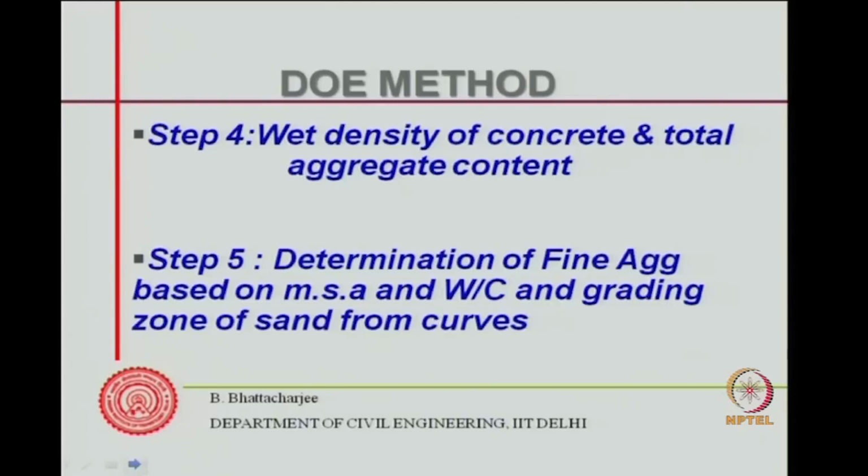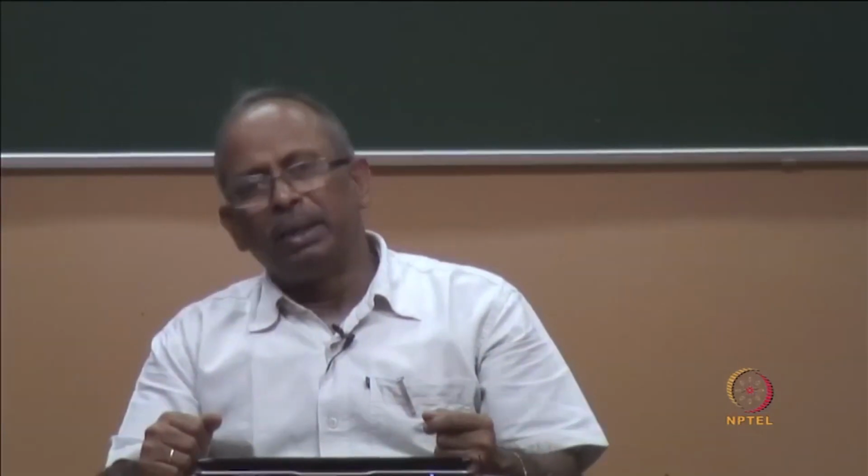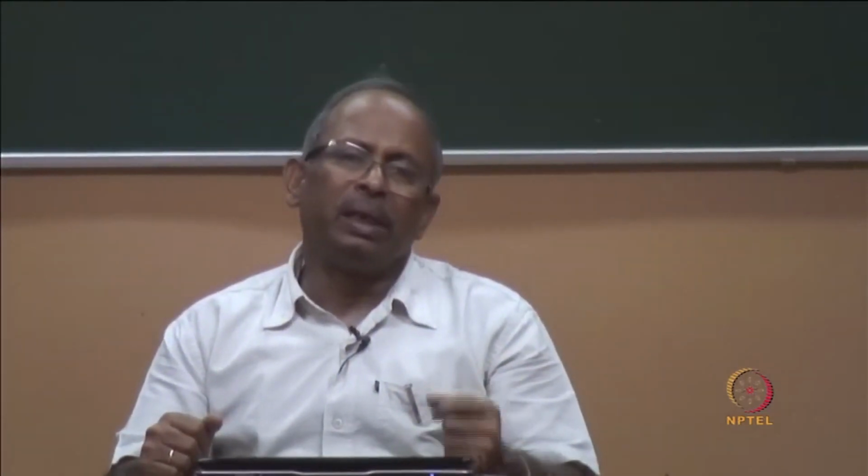Next, you select water cement ratio from a set of curves. How you do it, we will come back to this. Then you determine the water content from a table depending upon the slump or VB, that is workability, and depending upon MSA, maximum size of aggregate, and whether it is a rounded or crushed aggregate.